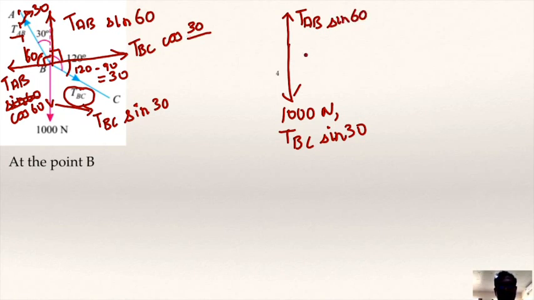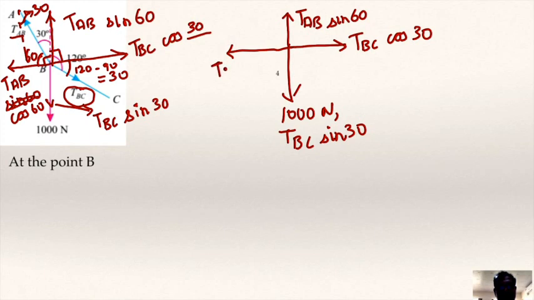Then you have this particular force that is TBC cos 30, and then you have this particular force that we are also going to consider, that is going to be TAB cos 60, right? So this is done.